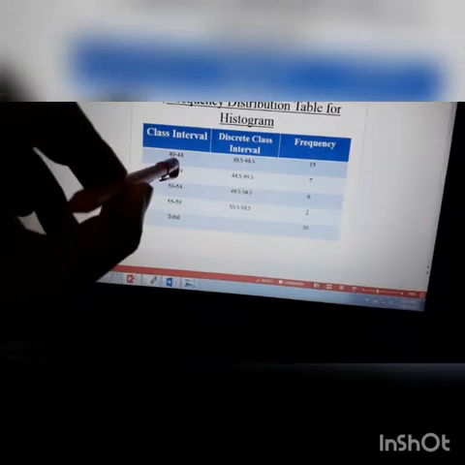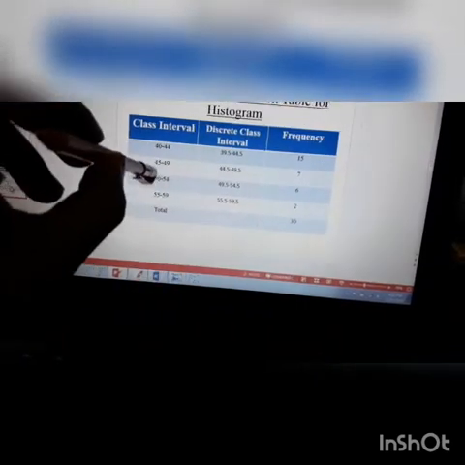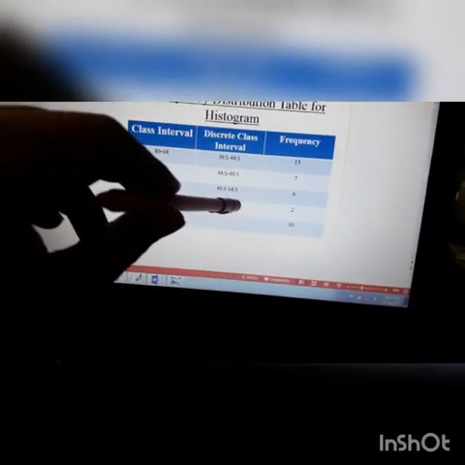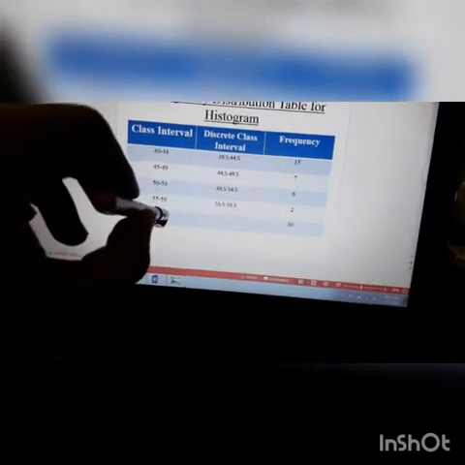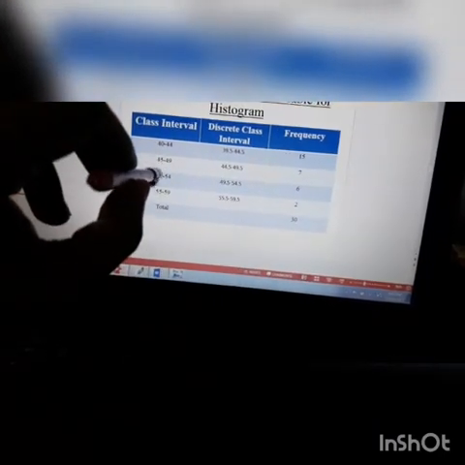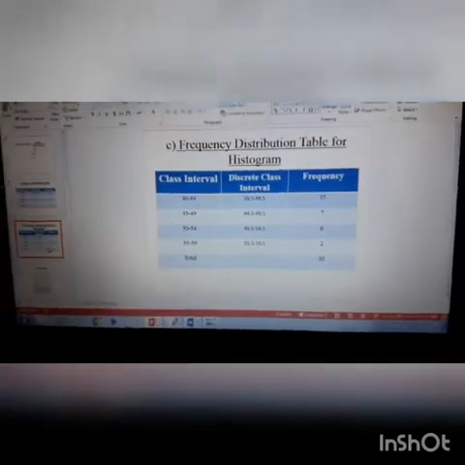As a result we get 40 minus 0.5, which is 39.5, and 44 plus 0.5, which is 44.5. Then the next classes are 44.5 to 49.5, 49.5 to 54.5, and lastly 54.5 to 59.5. In each class we subtract 0.5 from the lower limit and add 0.5 to the upper limit. So to draw a histogram, that type of table is essential.